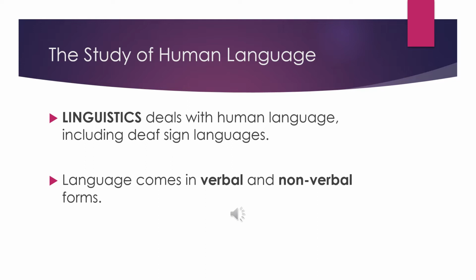So when we say verbal, it is how we speak the language. In other terms, we can say spoken language. And when we say nonverbal forms, that includes deaf sign languages, our body languages, the gestures that we use, and also written forms.